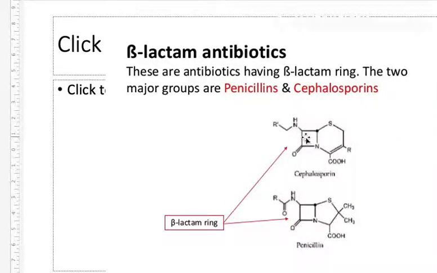So here you have the two different beta-lactam antibiotics, cephalosporin and penicillin. Here you can observe the beta-lactam ring is present in both these two types of antibiotics.